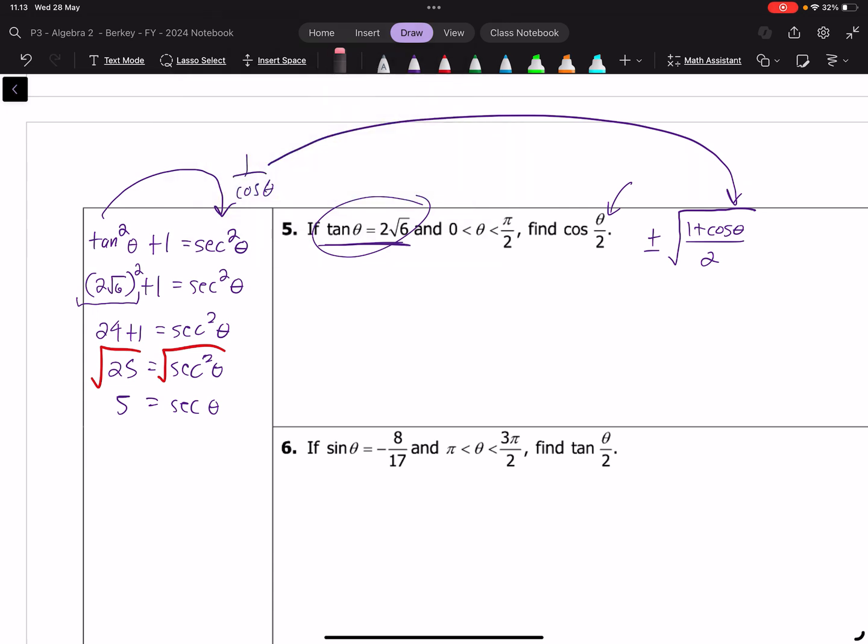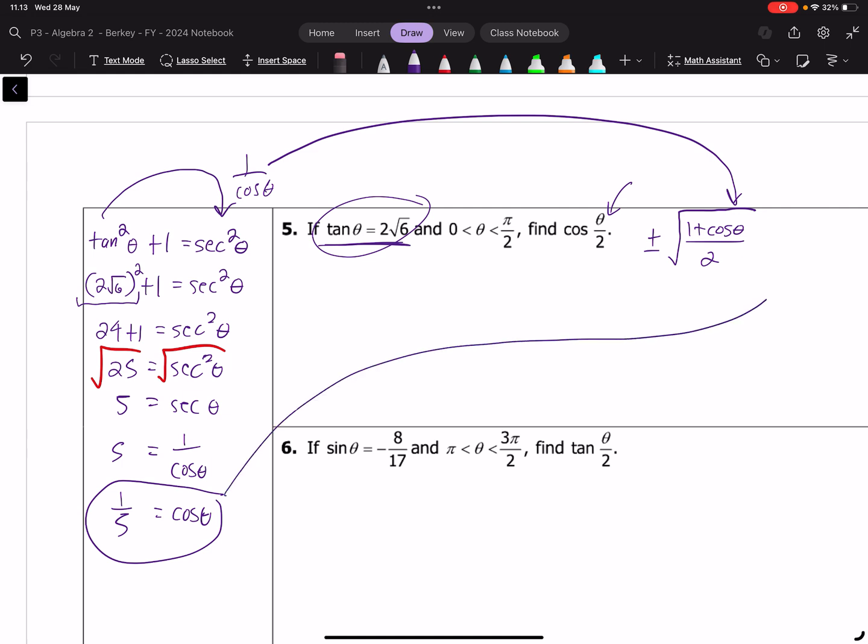So I know that secant of theta is equal to 5, which means that, well, I'll write it like this. 1 over cosine theta is equal to 5. So cosine of theta is equal to 1 over 5. Now we can use this for that, and we can find what the half angle is.